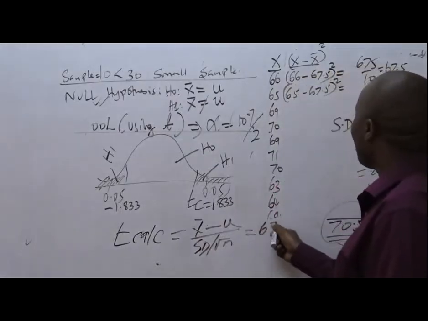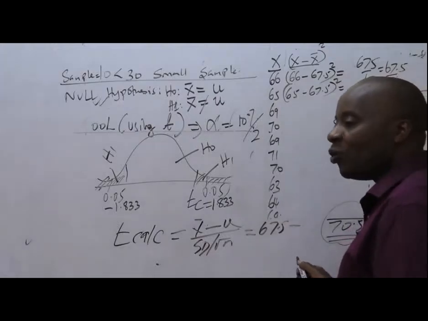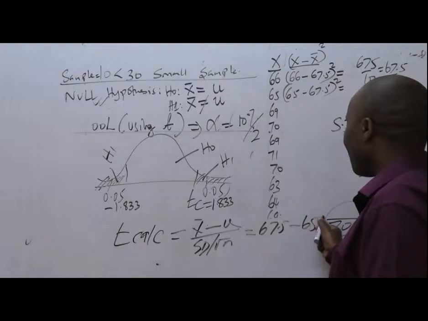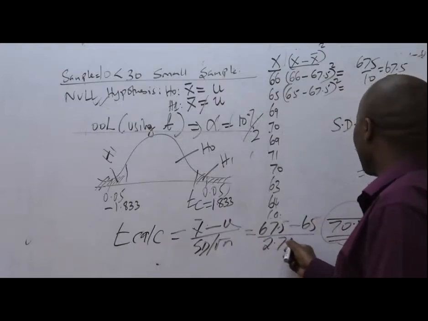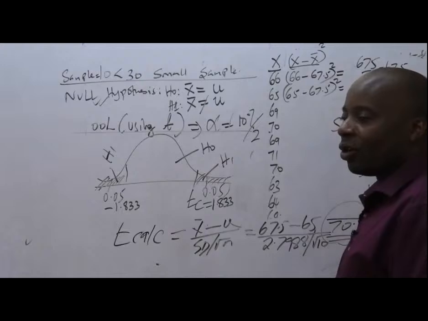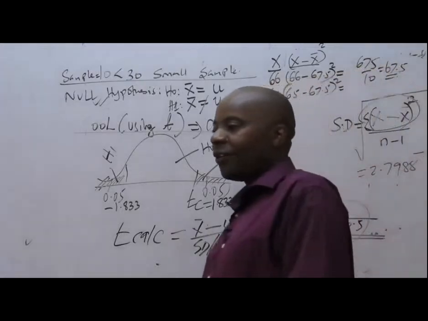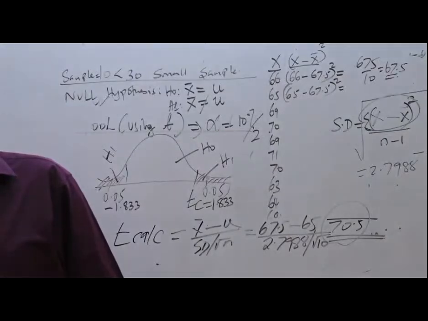Of 67.5 minus the mean which is what here? The mu mean, which is 65, all over the standard deviation that you gave me as 2.7988, all over square root of n, which is 10, all over square root of 10.